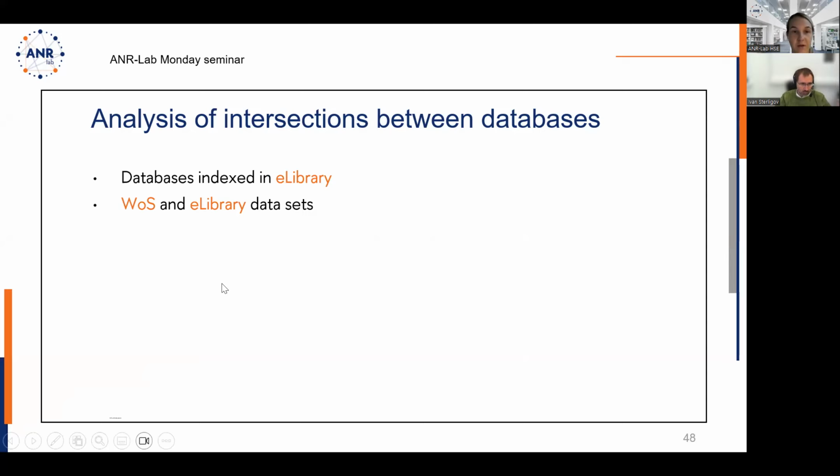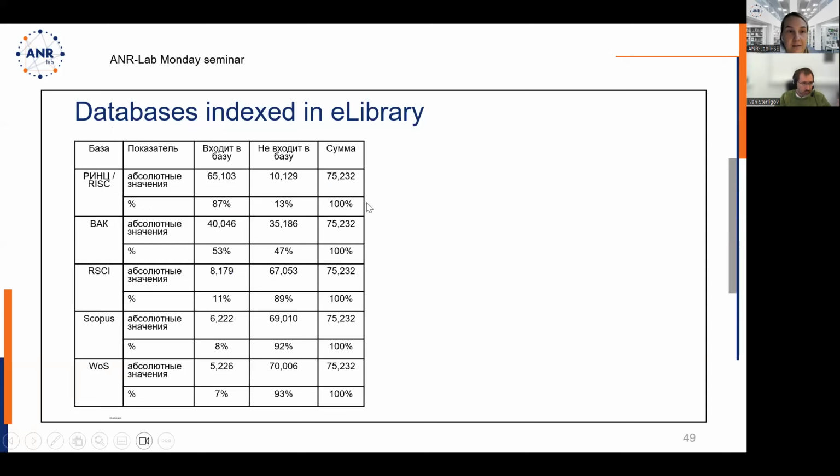So this is one level, to compare on the level of eLibrary, but then the comparison of WOS and eLibrary data sets can also be done.